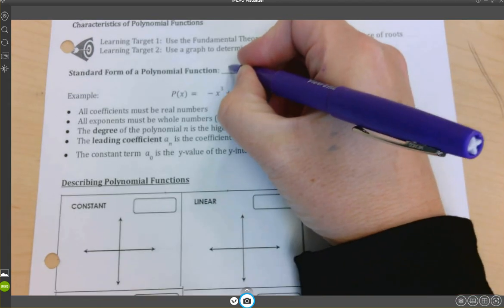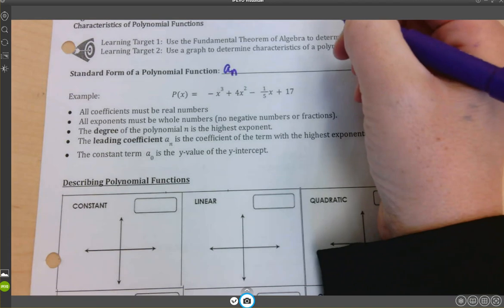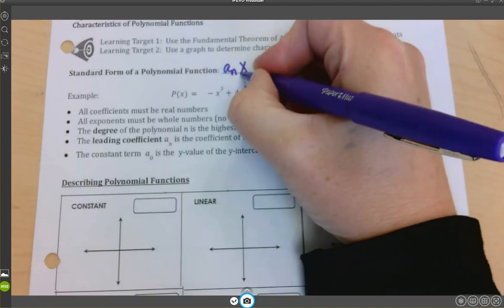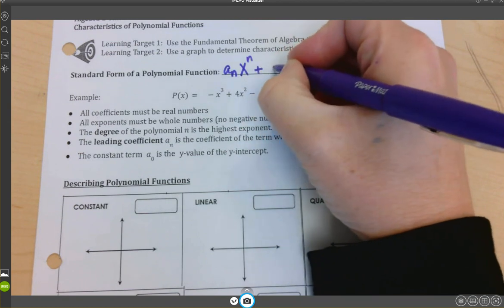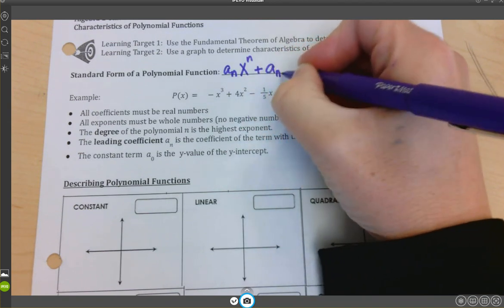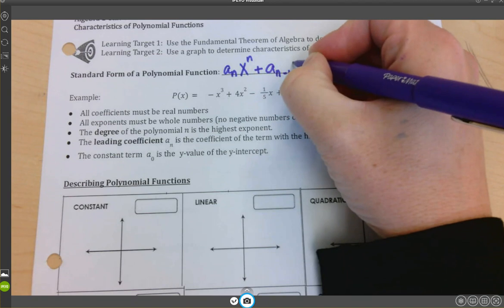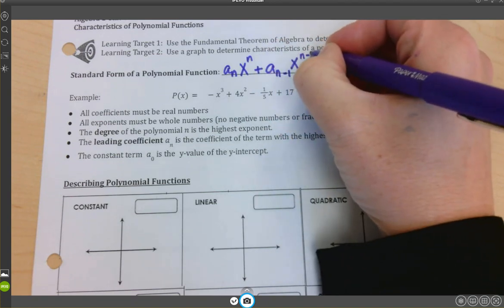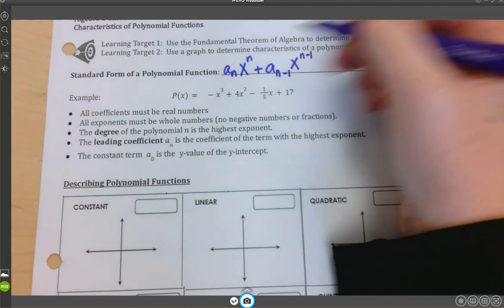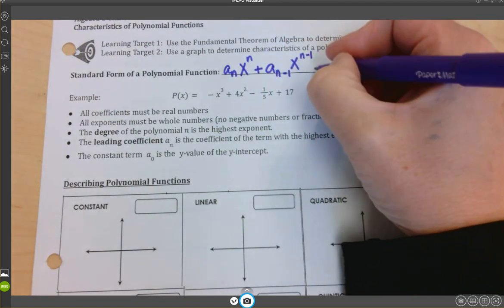You've got your first coefficient, your leading coefficient, which we're going to call a sub n, and then you have x to some power. Your next term has a coefficient as well, a sub n minus 1, and your x is going to be raised to the n minus 1 power. So in standard form, you have your biggest exponent and then your next biggest exponent.